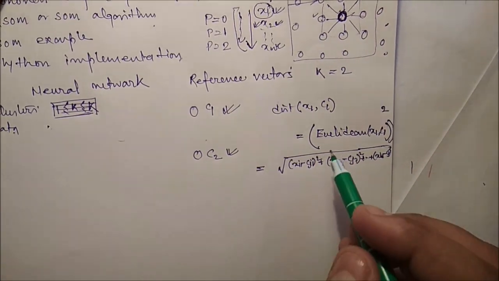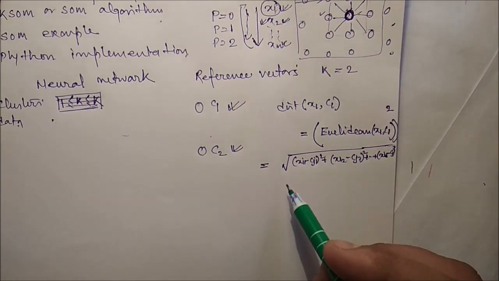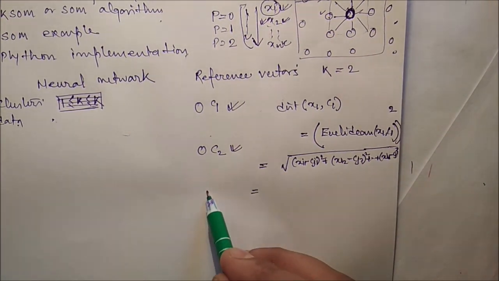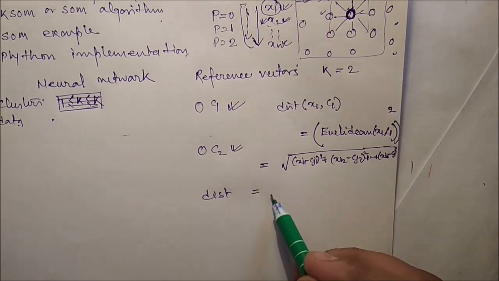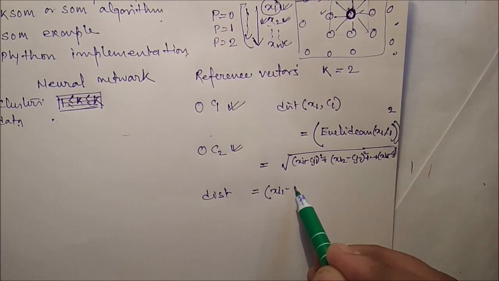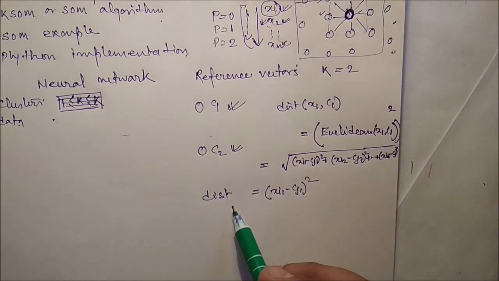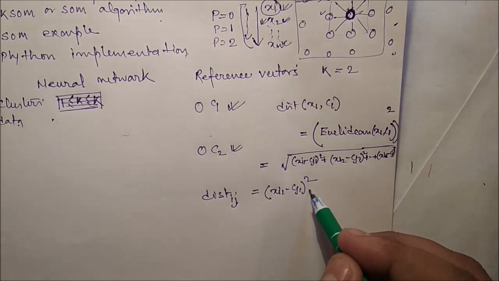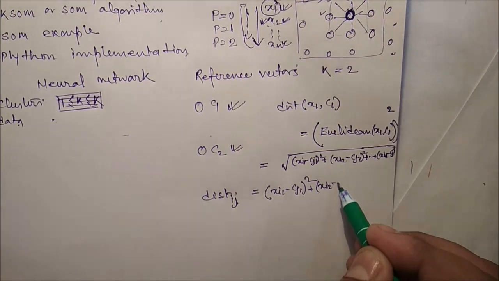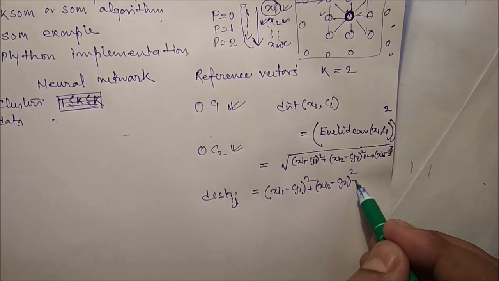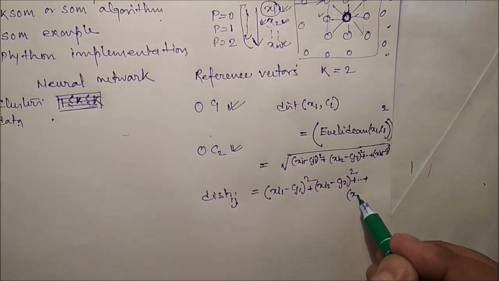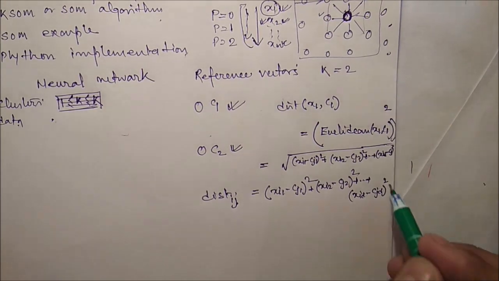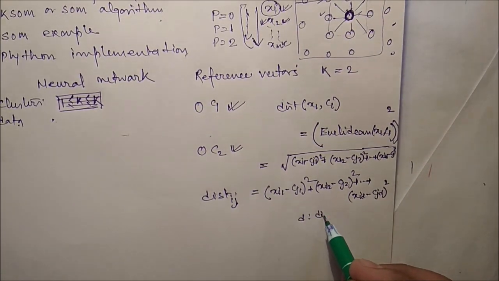That means, to know the proximity, we calculate the square of the Euclidean distance: (xi1 minus cj1) square, the distance between the ith data and the jth center, plus (xi2 minus cj2) square, plus (xid minus cjd) square, where d is the dimension of the data.